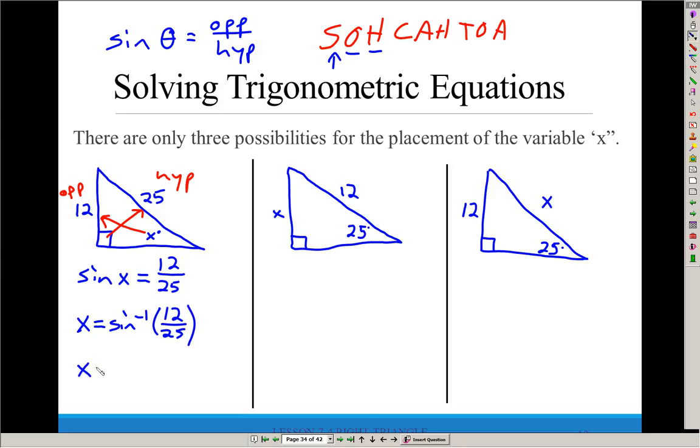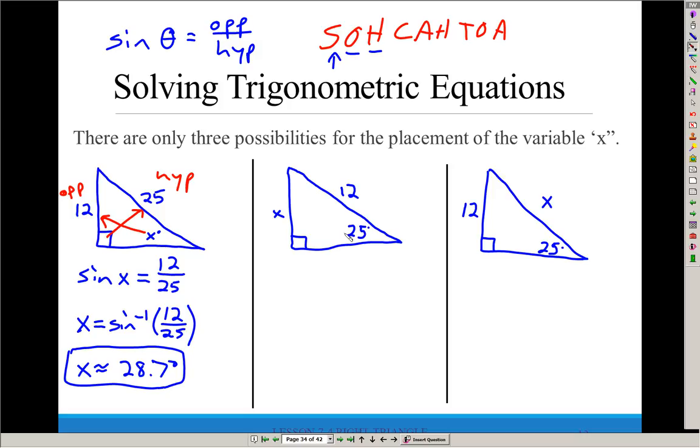When you punch that in, second sine gives you the sine -1, 12 over 25, and that ends up being about 28.7 degrees. So when the angle is x, do the arc sine or the arc cosine, or whichever.